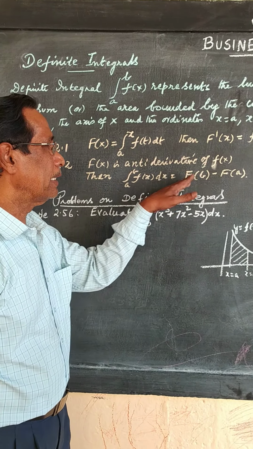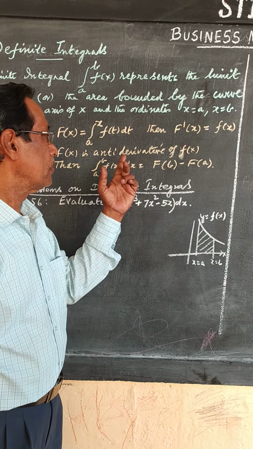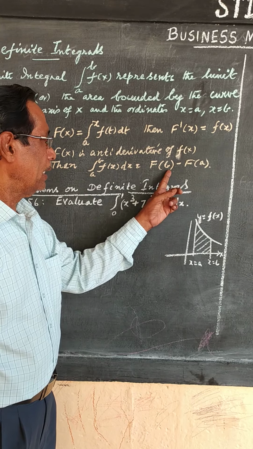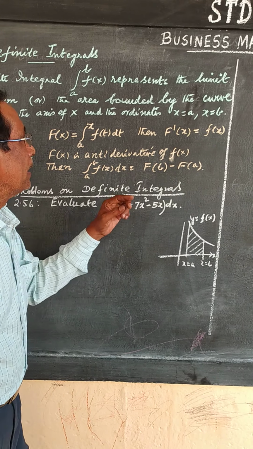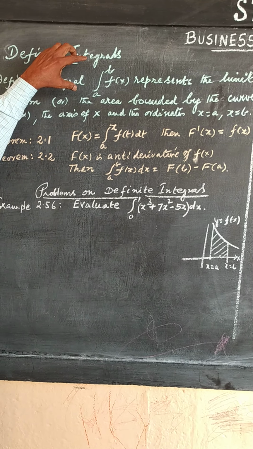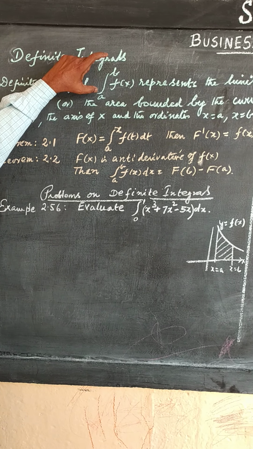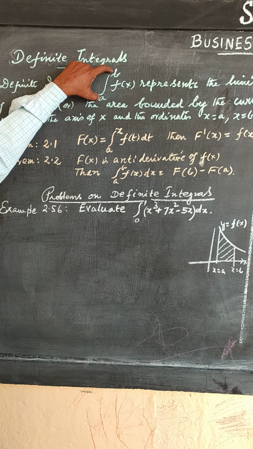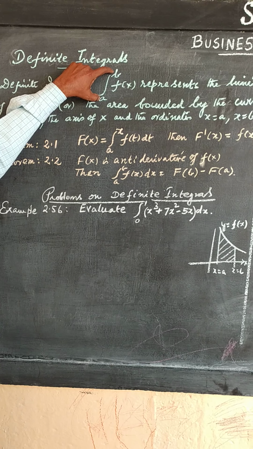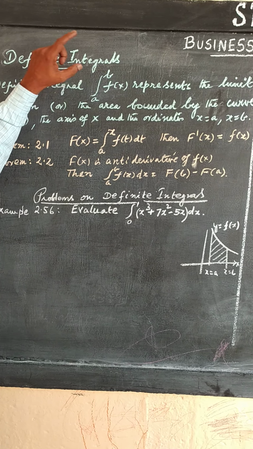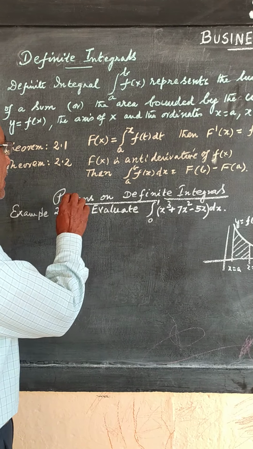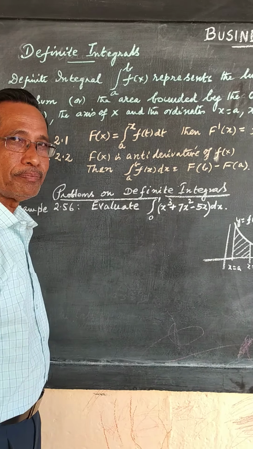This is after the integration. We are substituting the upper limit b and the lower limit a. In every definite integral, we always have the lower limit and upper limit. These are the limitation of the entire area. So we are going to do the problems under these definite integrals.